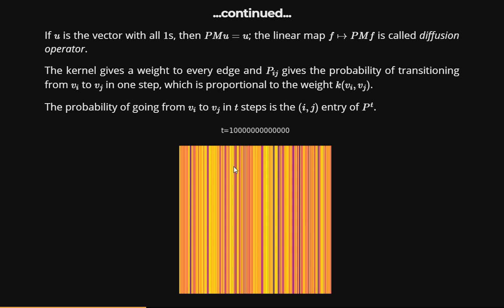You let the process go through, and you reach more and more points. So the basic application of these diffusion processes is clustering, for example, but they give a lot of other information.